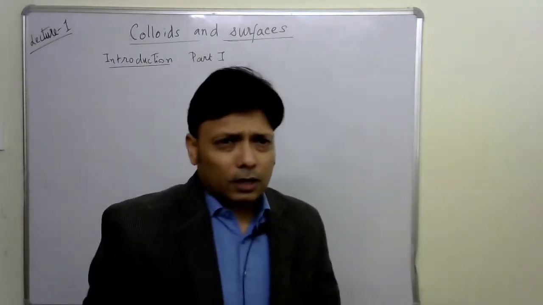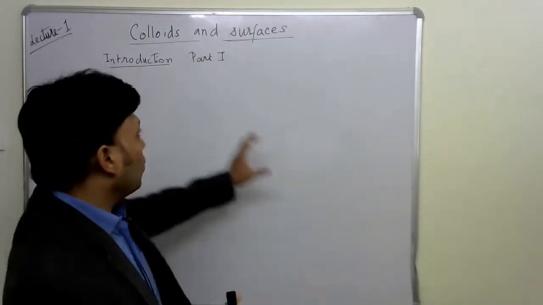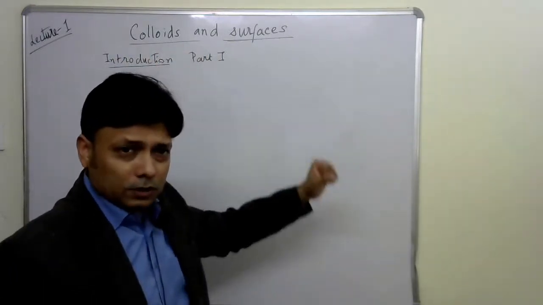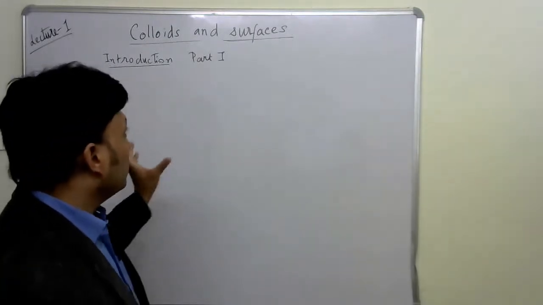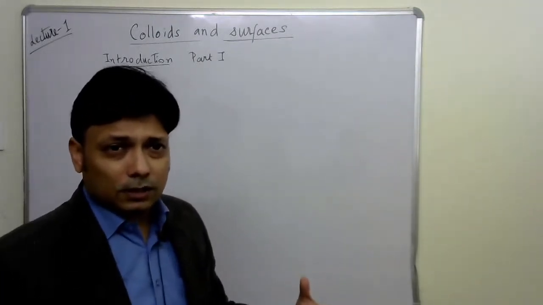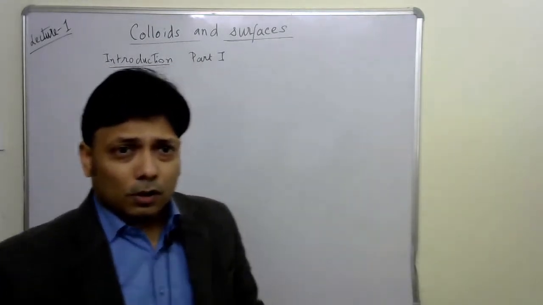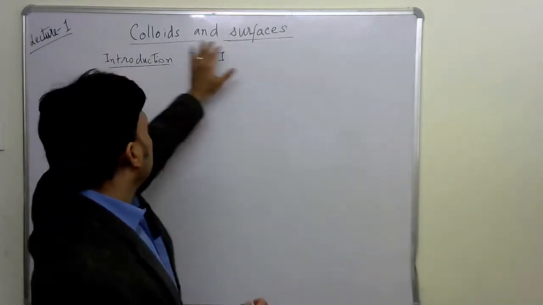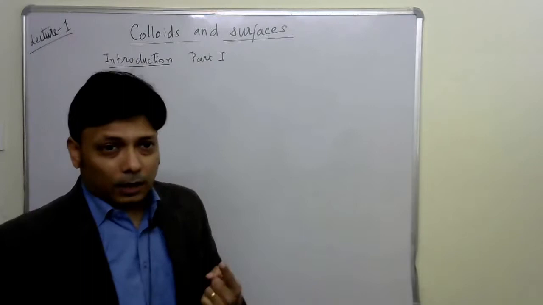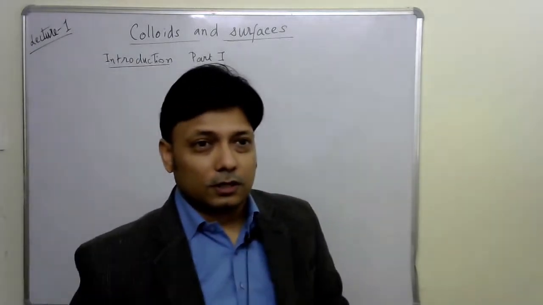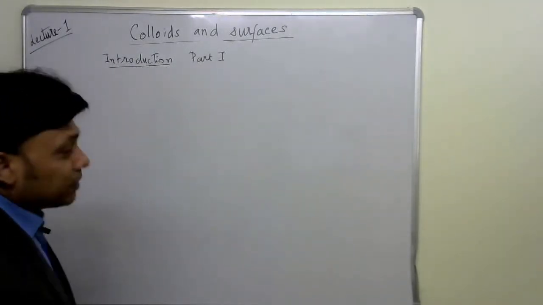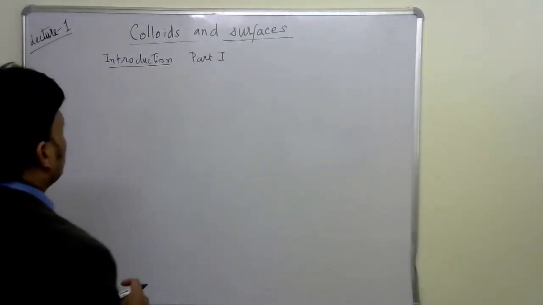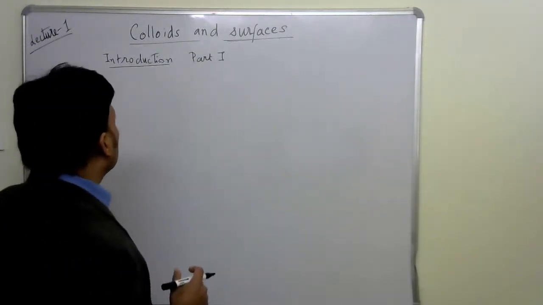You would notice that whenever the term colloids is there, in many places the term surface or interface will appear, like colloids and interfaces, colloids and surfaces, etc. The question is why we relate surface and colloids all the time. We will come to that question later on.